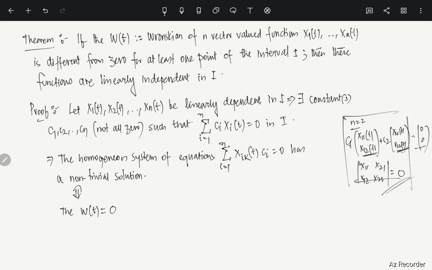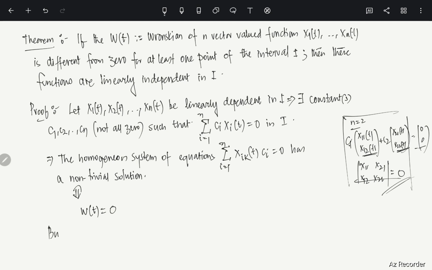See, this is just a system of equations, right? For a fixed t, it's a system of equations. So essentially what is happening is you are showing that if the Wronskian is 0, then at least one of C1 and C2 has to be non-zero. This is what I am saying for a general n cross n. So that will imply that the Wronskian of t has to be 0.